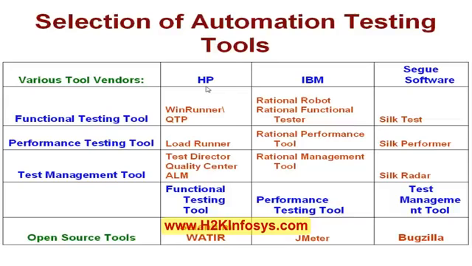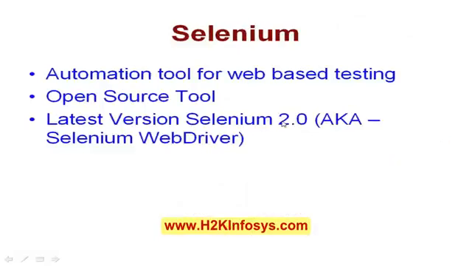Actually, I gave one idea to HP for Quality Center. There is a framework called BPT, Business Process Testing, in Quality Center. I gave one idea as part of the BPT framework, and they have implemented that solution in recent releases. Fine, let us move on.